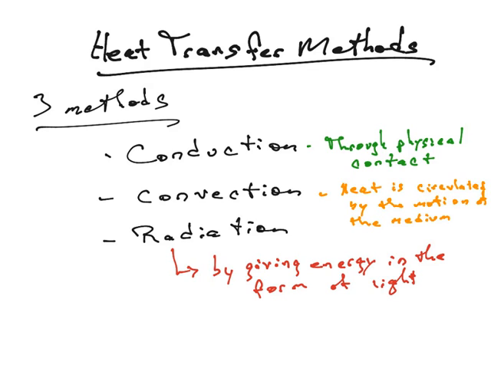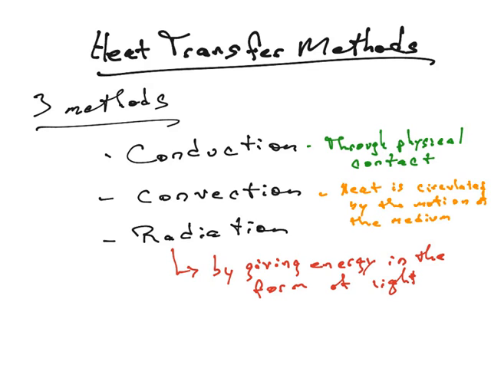All of these things are forms of radiation, forms of light, which allows heat, energy, to transfer from a hot object to colder surrounding objects. So those are the three ways we can transfer heat. By touching, physical contact, this is conduction.